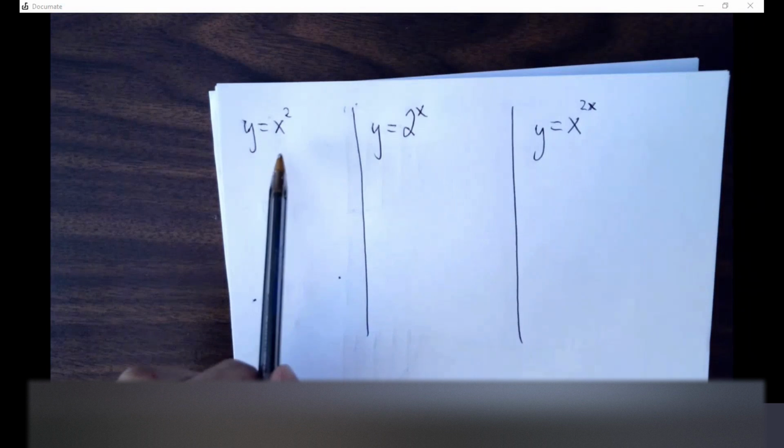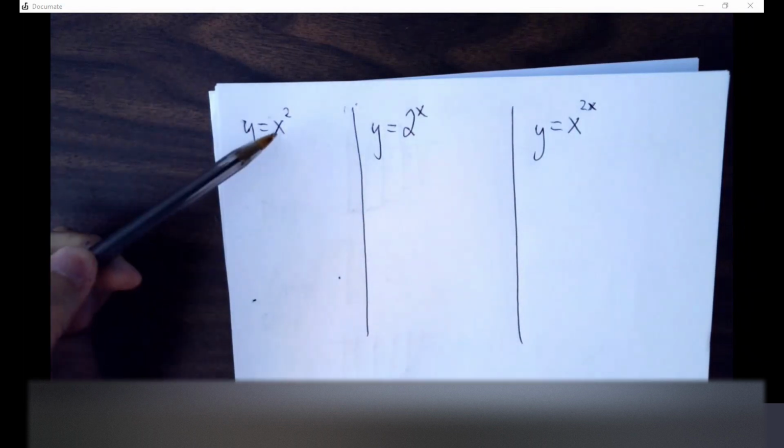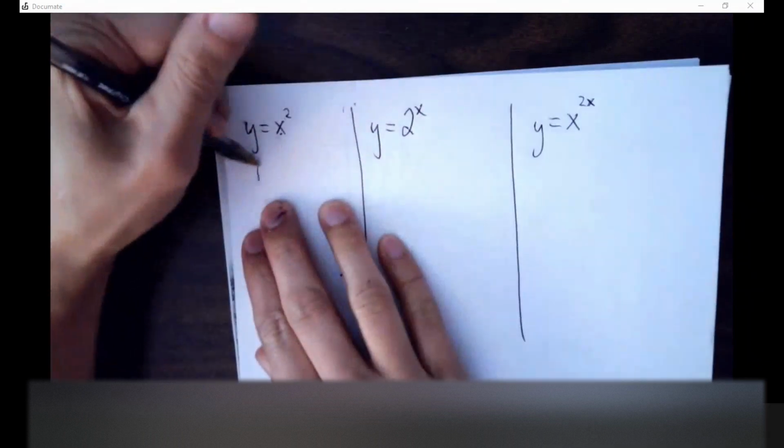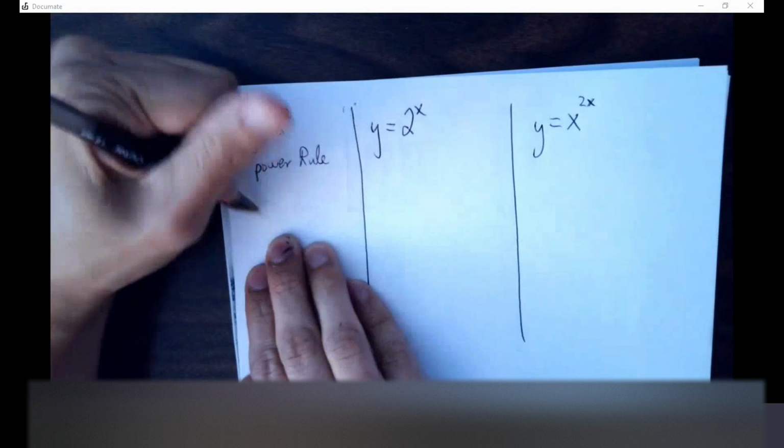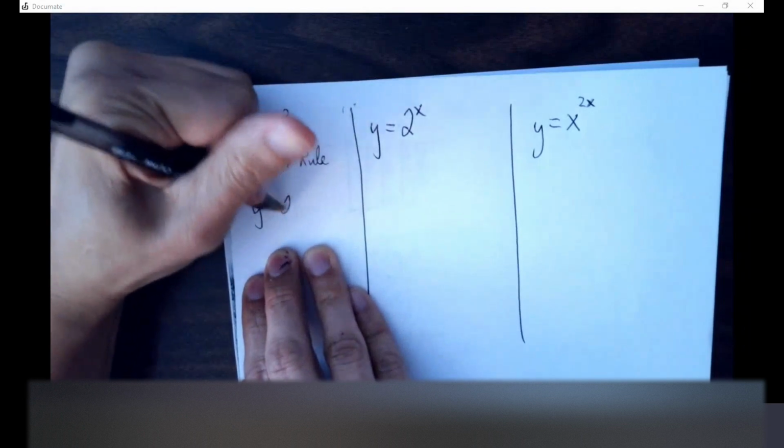But depending on where the variable is and where the constant is, it's going to significantly alter how we approach each problem. If I have a variable raised to a constant, this is power rule. So y prime is just equal to 2x. Easy enough.